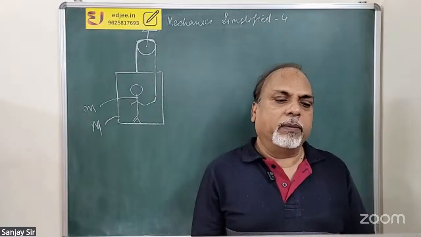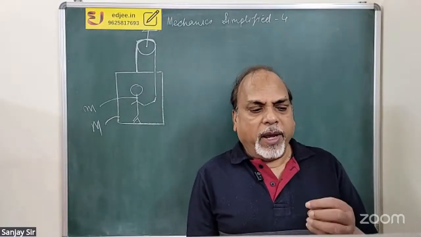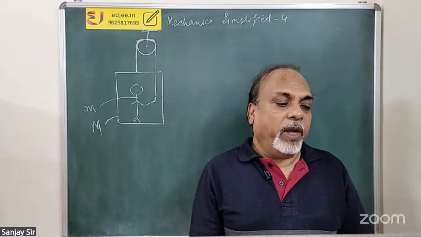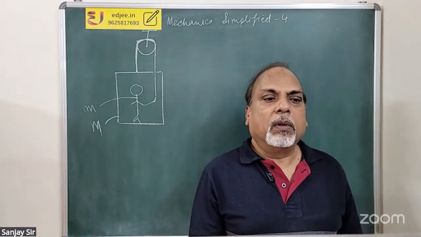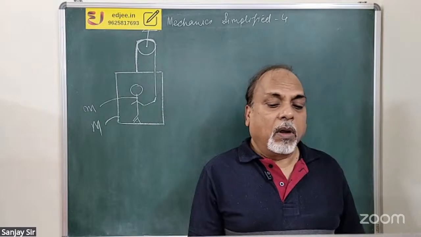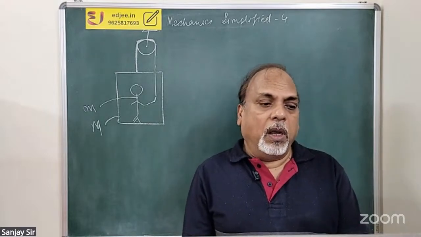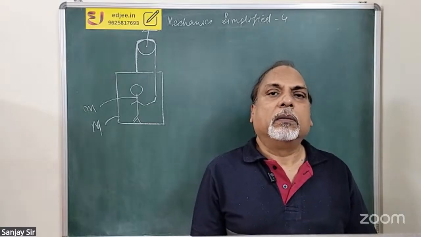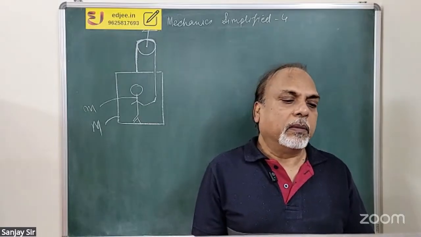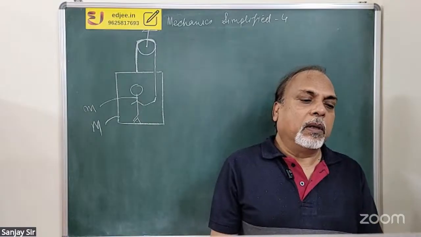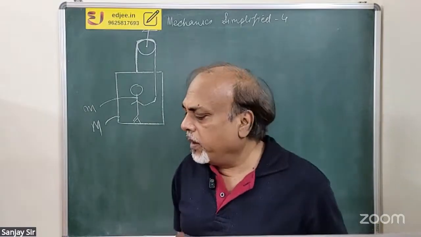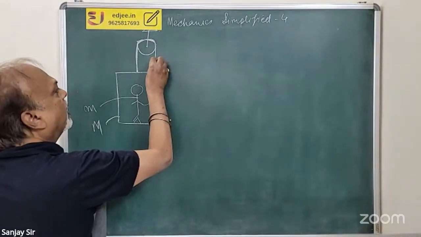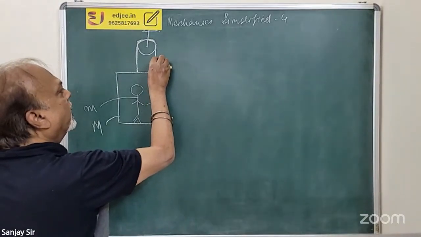How to solve it? My point is, first of all, we have to see what are the forces acting on it. Correct? If you see, there will be a tension in the string.